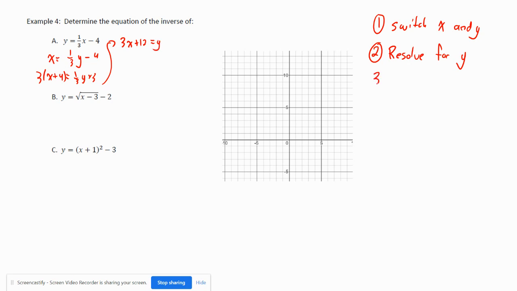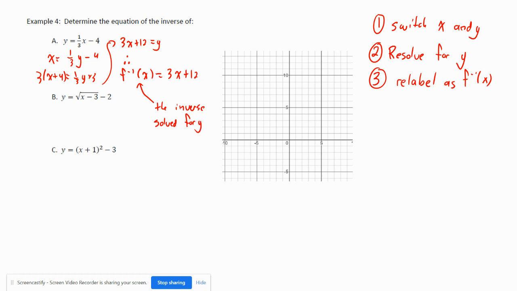My last step is going to be to relabel as f inverse of x. What this means over here is another way of saying the inverse solved for y.